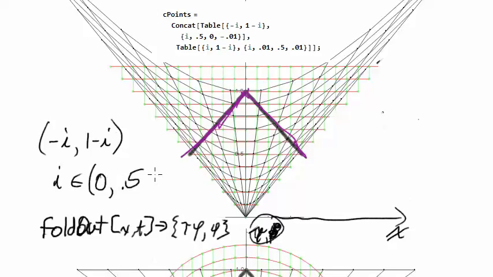And 0.5, I think, generated that point there. So no, I went in the opposite direction from 0.5 to 0. So let's put 0.5, 0.